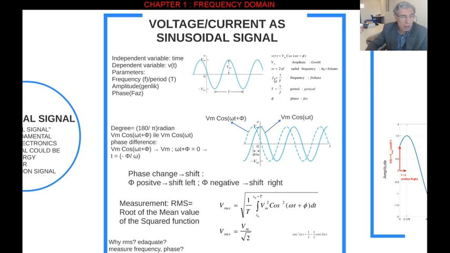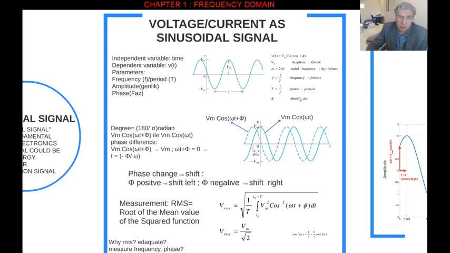What does this mean? 1 over T means how many of these T's we have in 1 second. It is a special term: frequency, meaning how many of those signals we are going to see in 1 second. So if you know the period, you can find the frequency. If you know the frequency, you can find the period.